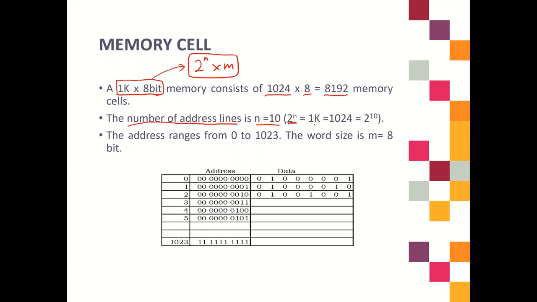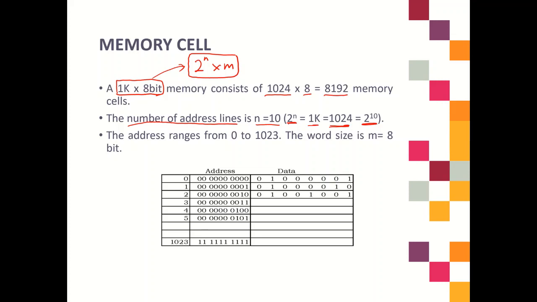So 2 power of n is equal to 1K, and you know that 1K is equal to 1024 bits. So you just find the power of 2 for the value, and you get 10, because 1024 is equal to 2 power of 10. So that is the second value that you can determine.